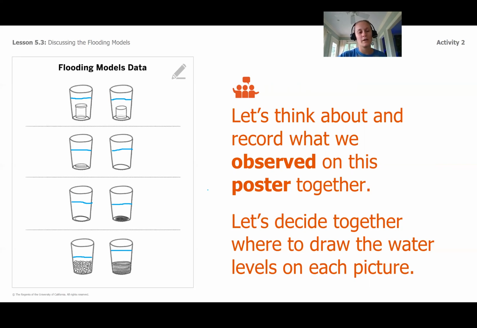So this is how I would have drawn the water levels from last week when I did the rain model. And I tried to show you those pictures when I was doing the video, but it was kind of difficult. So if you want to go back to those now and draw those water lines, that's fine.